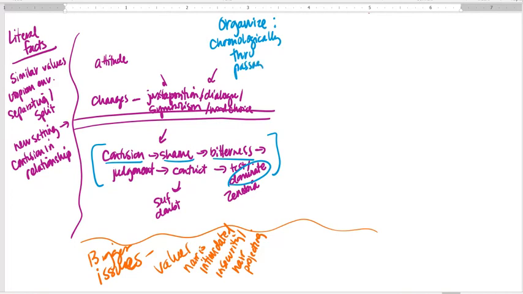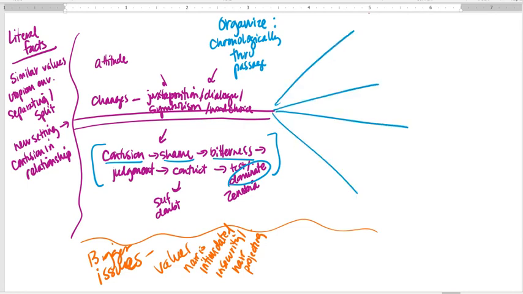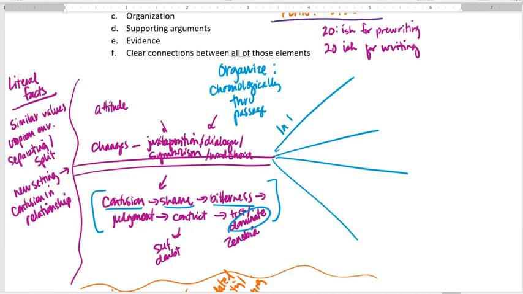There are lots of different ways to organize. Different passages suggest different things, and different prompts suggest different organizing strategies. But for this one, I'm just going to keep it simple and progress through. I think I'm going to have three, maybe four paragraphs after my introduction. In the first one, I'm going to talk about how it is in the beginning.